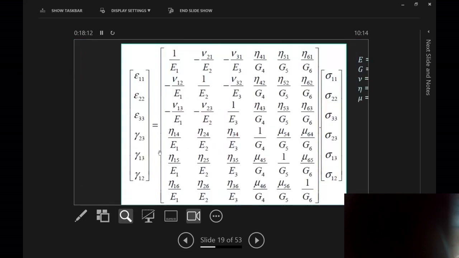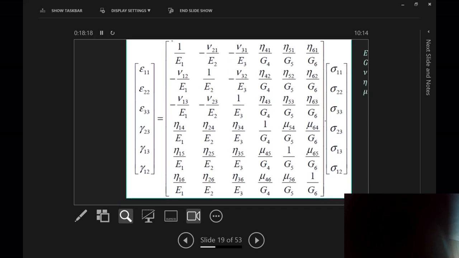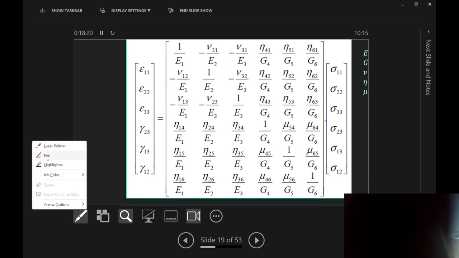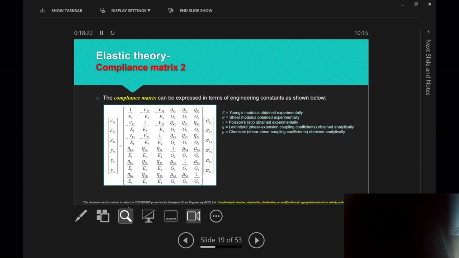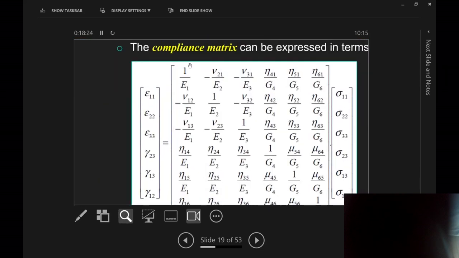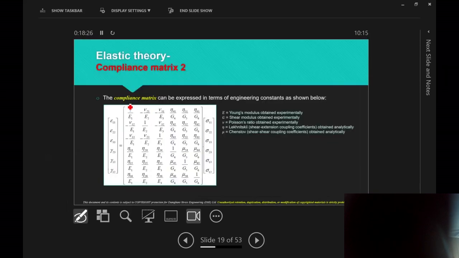The compliance matrix, instead of showing it in terms of S11 and S22 and all of that, you can see how it's correlated. Essentially, it is the inverse of modulus of elasticity in 1, the inverse of modulus of elasticity in 2, in 3, shear modulus in 4, 5, 6, and all of that.